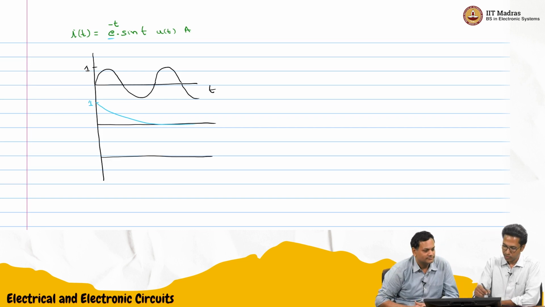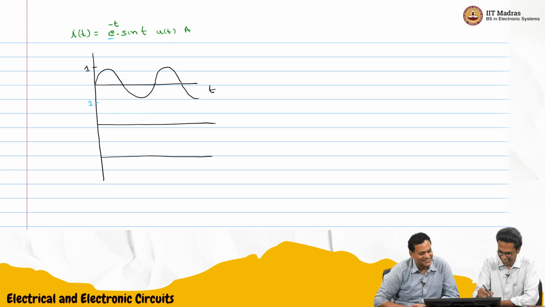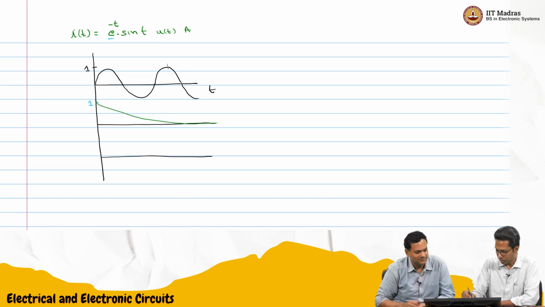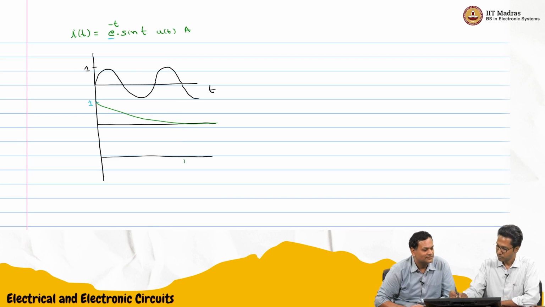So maybe I will draw a slowly decaying exponential, so my drawing will become easier. Something like this, which means by the time I reach here, it should be 0. Okay, let me try.